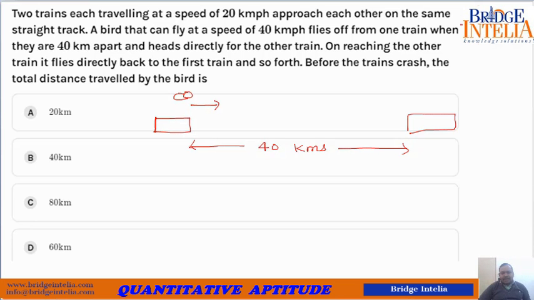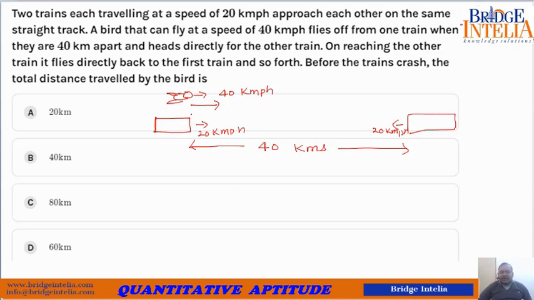Let me draw a bird. So this is the bird that is flying. The bird is flying at a speed of 40 kilometers per hour, whereas both these trains have a speed of 20 kmph. And these trains are coming towards each other. They are about to crash. They are coming on the same track.